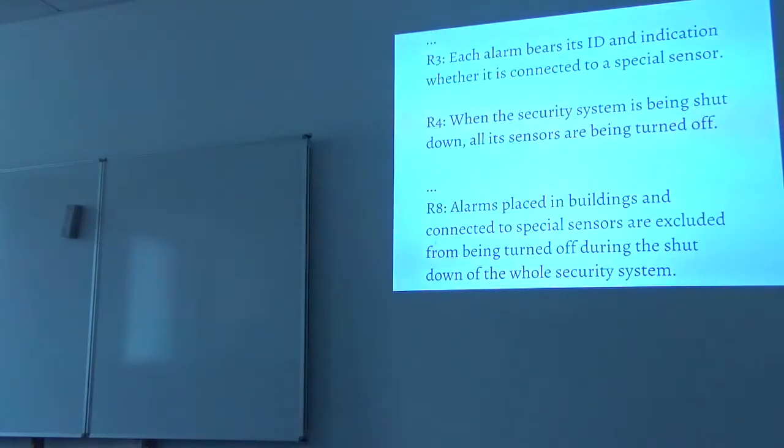We are focusing on the shutdown operation, turning off the system. This seems a kind of easy thing to do, straightforward. But then we have this requirement suddenly that alarms placed in buildings and connected to special sensors are excluded from being turned off during the shutdown of the whole security system.